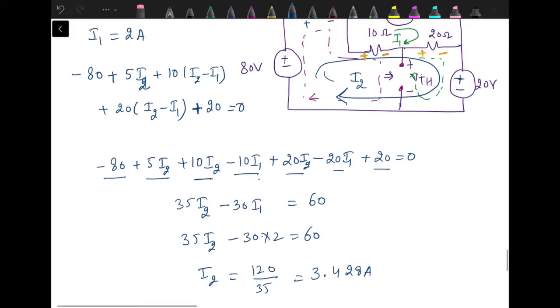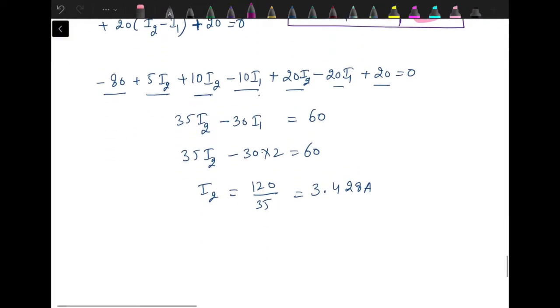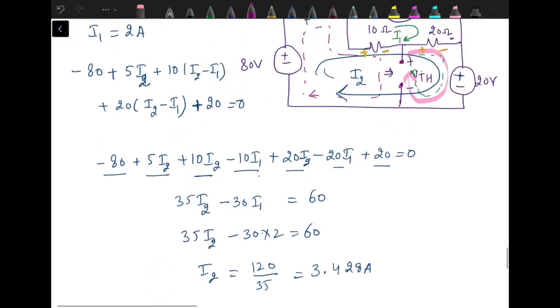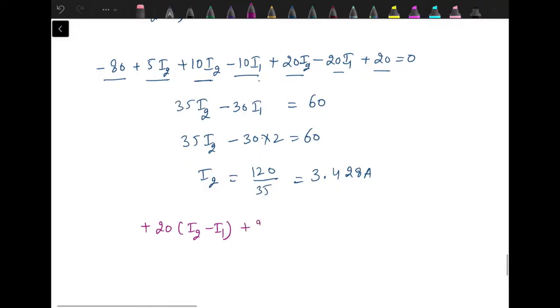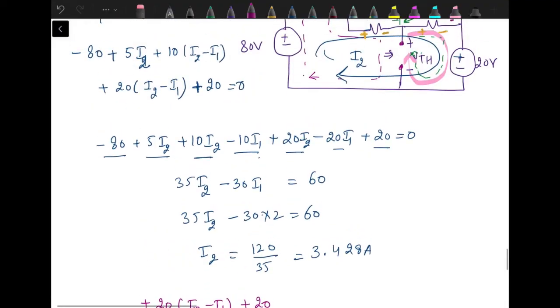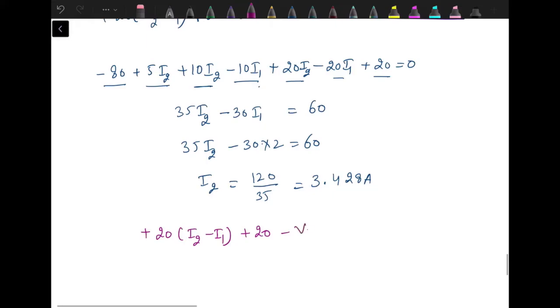So this is the value of I2. Now in order to calculate VTH, let's say we apply KVL in this open loop. So when we apply KVL in this open loop, if I start from the 20 ohm resistance, then plus 20 into I2 minus I1 plus 20, that is the voltage source voltage, minus VTH equal to 0.